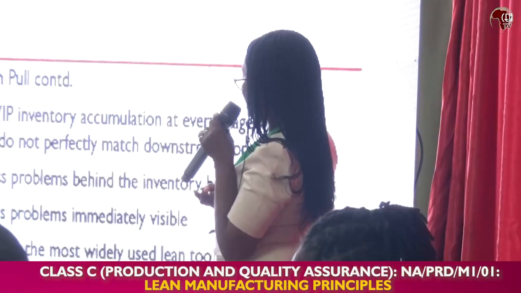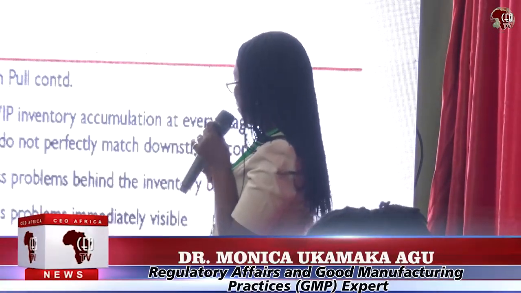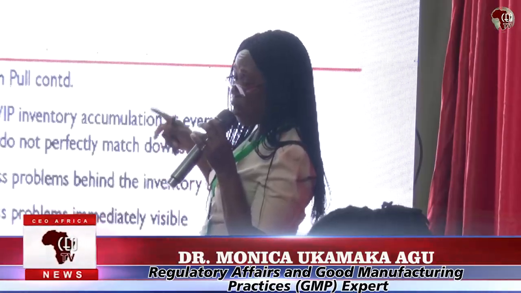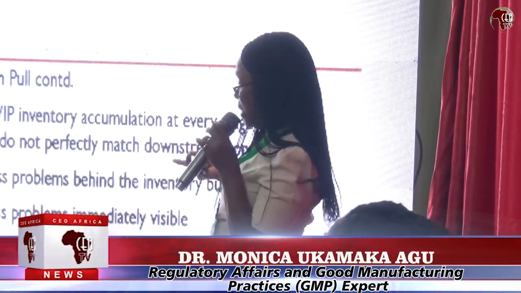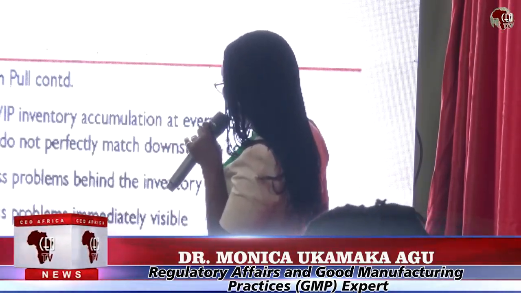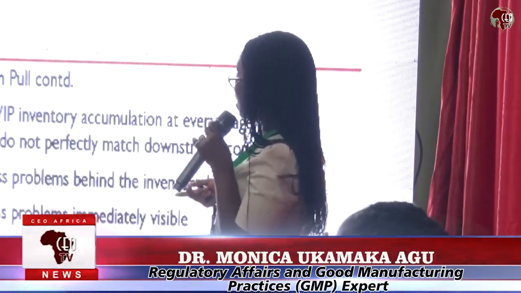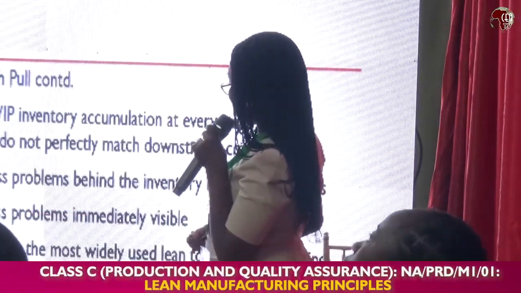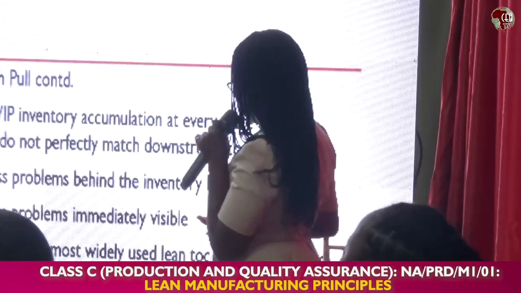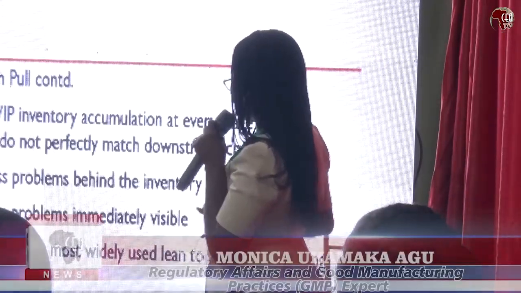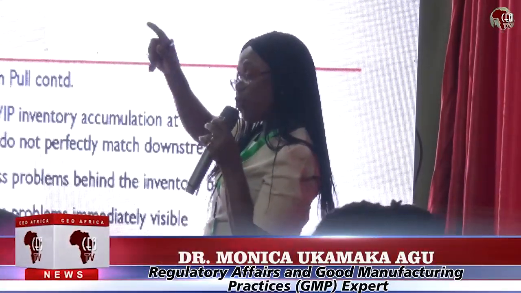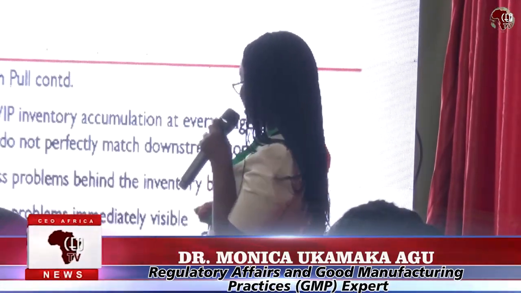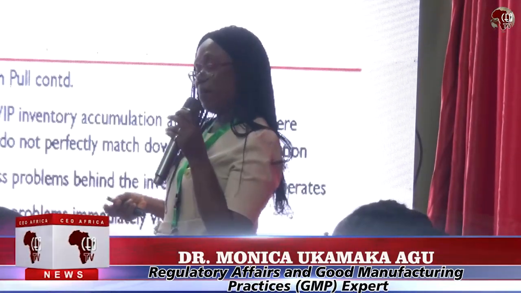Then the Kanban system is the most widely used lean tool. Later on you see some of the lean tools are also stated, but this one is used for implementing the pull system. It is a signal or a card or a container, even an electronic trigger that will authorize the upstream to produce the materials that the downstream need at the right time.